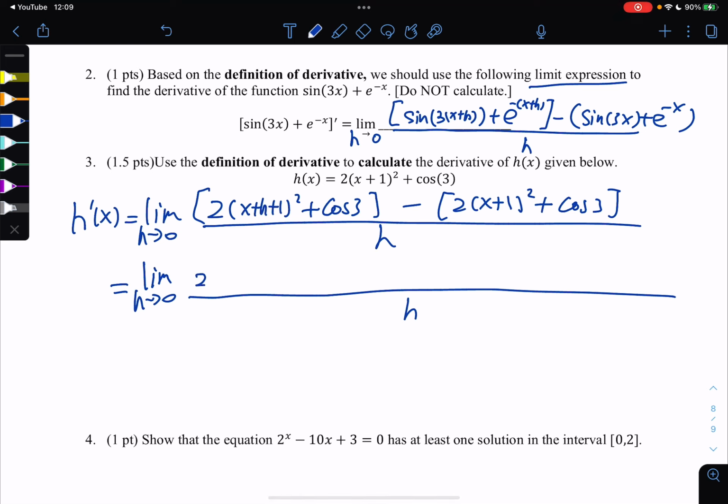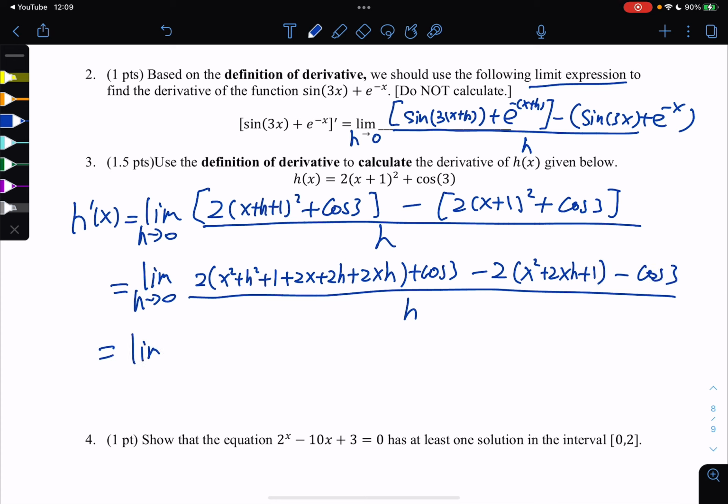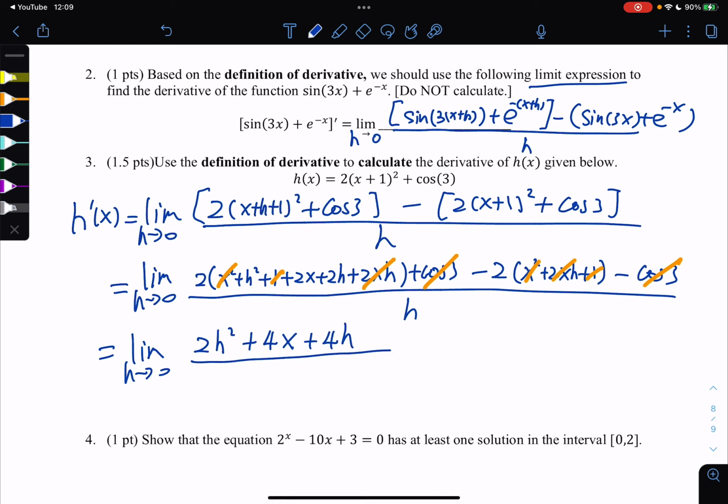It's h, it's twice of x squared plus h squared plus 1 plus 2x plus 2h plus 2xh plus cosine of 3 minus 2 x squared plus 2xh plus 1 minus cosine of 3. So if we were to cancel the shared terms, it's 2x squared, 2xh, 2xh, and 1, and cosine 3, cosine 3. So what I have left is twice of h squared, 4 times x, 4 times h, over h.